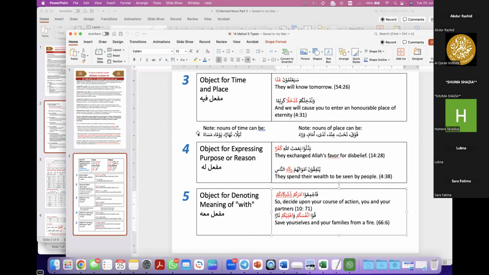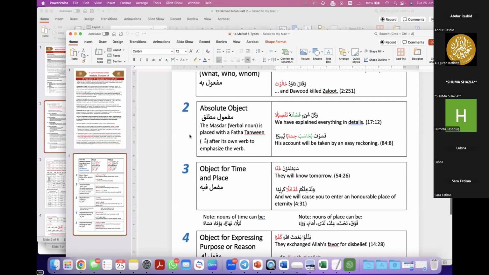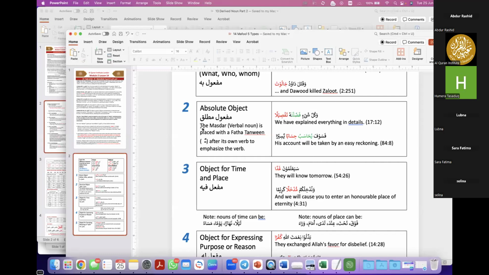Dance means zindagi ka tamasha. So it is an absolute object, like how you said, marne ki tarha mara. So in English, we got an example: the dance of life. Nice one. Okay, should we move on now, inshallah?